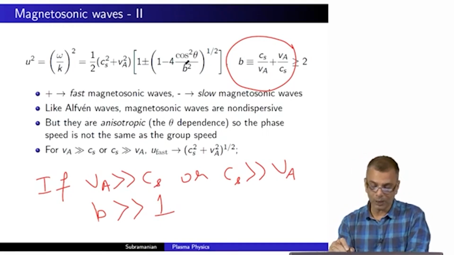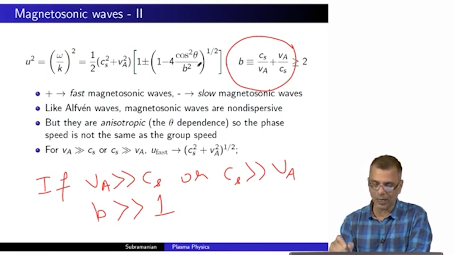And where does B appear here? B appears in the denominator here, you see. B appears in the denominator. So, when this is much larger than 1, this entire term becomes negligible. Okay, this entire term becomes negligible, and then what happens is the phase velocity loses its anisotropic character.